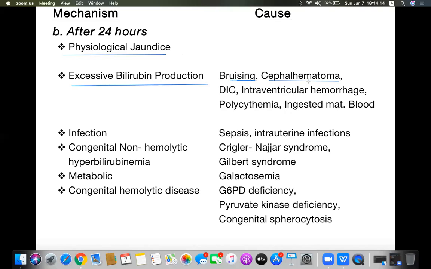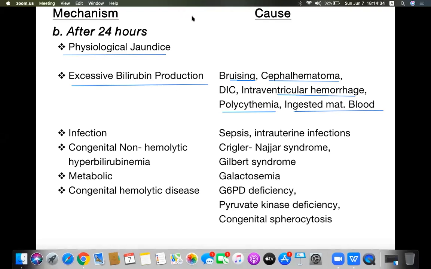This is a collection of blood clot, isn't it? In the scalp area. DIC, disseminated intravascular coagulation, intraventricular hemorrhage, polycythemia, where there is excessive RBC, and even ingested maternal blood that can happen during delivery. The maternal blood can be ingested during delivery.